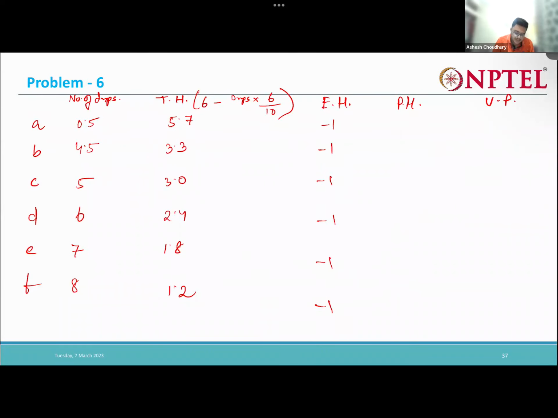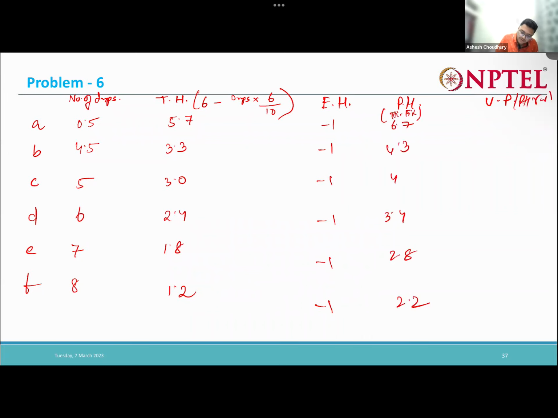So now what is my pressure head? Total head minus elevation head. So for the first one it will be 6.7, 4.3, 4, 3.4, 2.8, 2.2, right? So what is my uplift pressure?